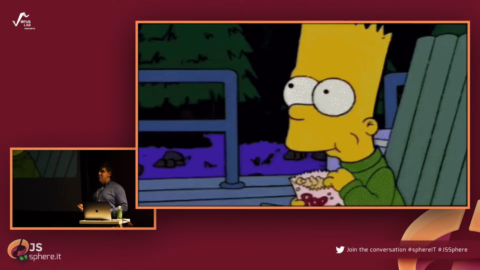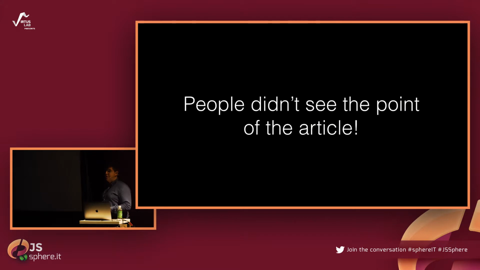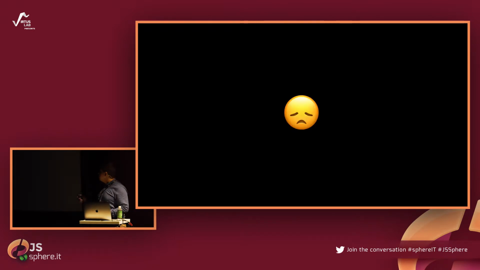Or there were people just coming to read the comments and make fun of it. But in the end, people really didn't see the point of this article. So this is why I'm here today. I want to change the whole approach and talk about reactive programming in a different way. This was my face when I was reading the comments, and it made me really sad to see that people didn't see the whole point.